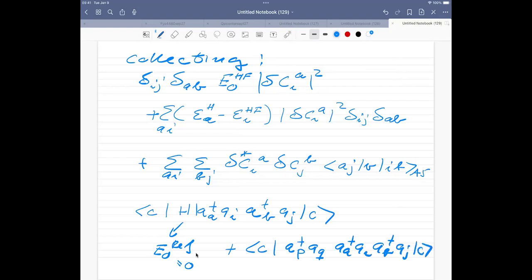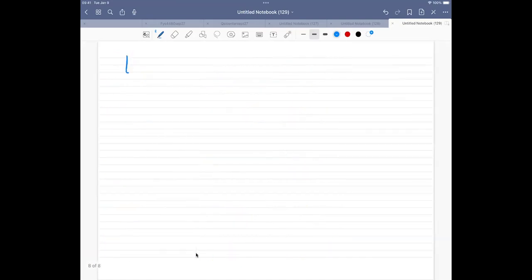This is also a term which is going to be simplified considerably, because of what we see if we think in terms of excitations. So let's take a closer look at that term. We have a <C|, and then we have the one-body operator, and then I'm just rewriting it.